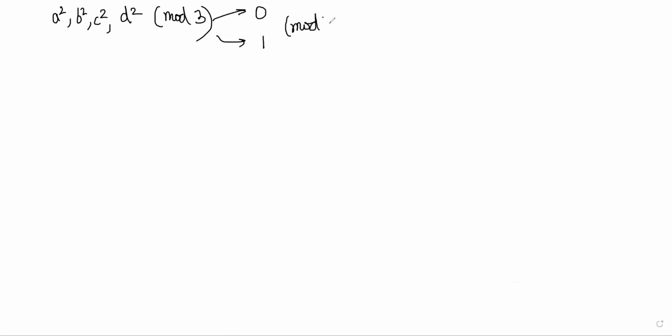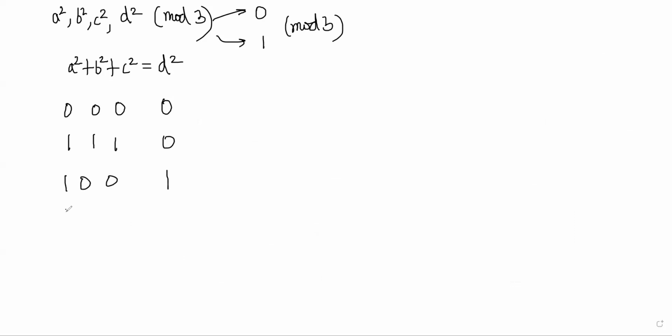Now let's look at a square, b square, c square, and d square modulo 3. If you look at the quadratic residues for mod 3, the only possibilities are 0 or 1 again. So how can we get the relation a square plus b square plus c square is equal to d square? If d square is 0, this could be 0, 0, 0, or it could be 1, 1, 1. And if d square is 1, then you have the usual 3 cases.